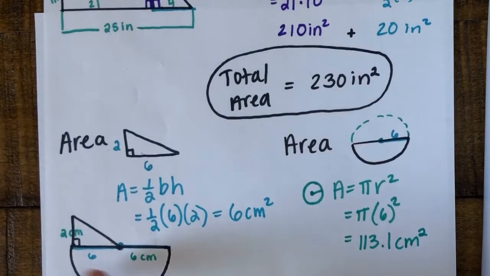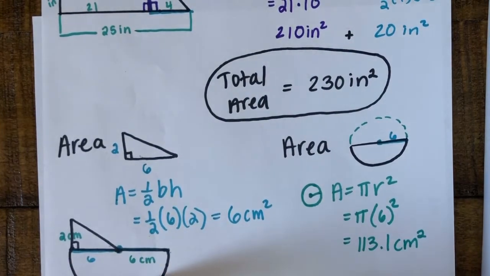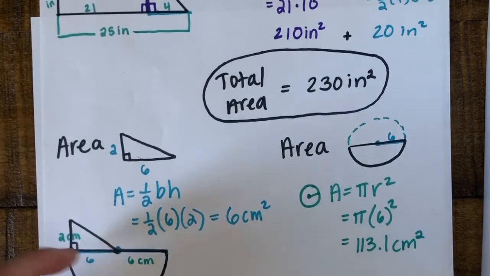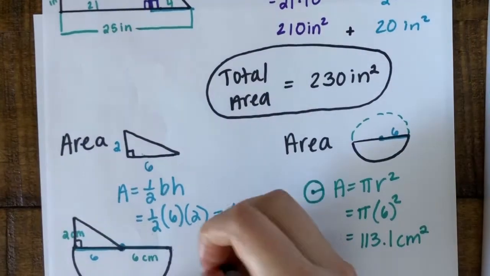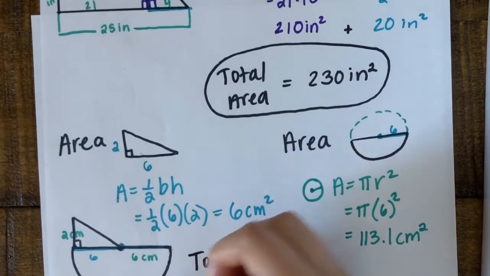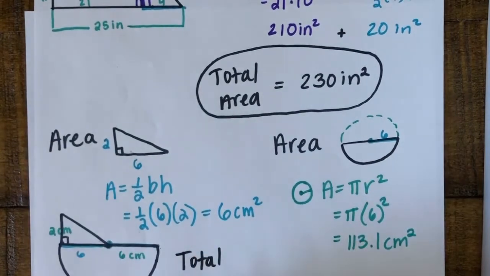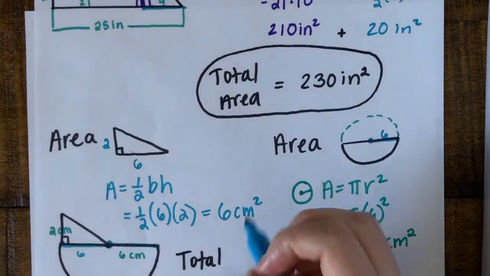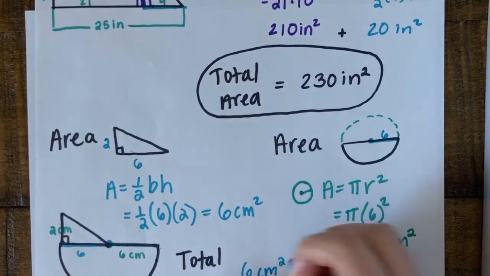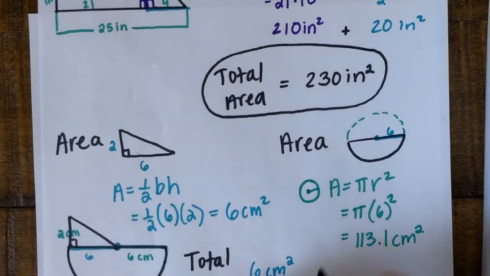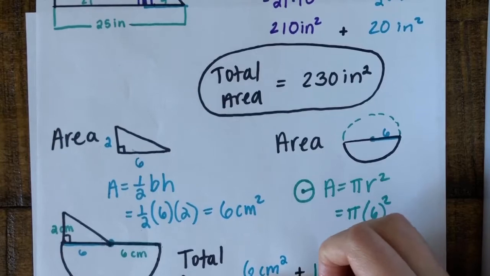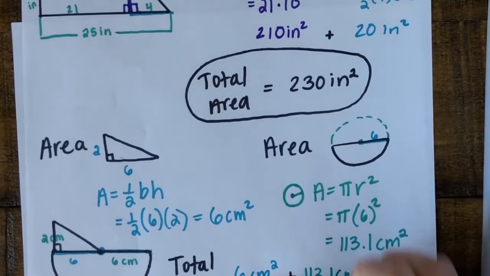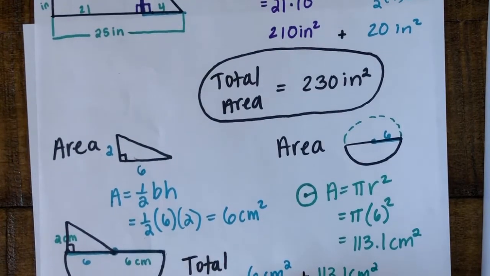So my half circle takes up 113.1 square centimeters, and this little triangle on top takes up 6 square centimeters. And so my total area would happen if I added those two together. So I take my 6 centimeters squared for my triangle, and I add that to my 113.1 centimeters squared for my half a circle.